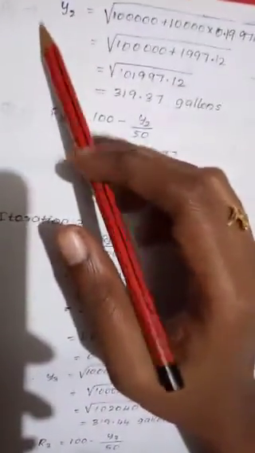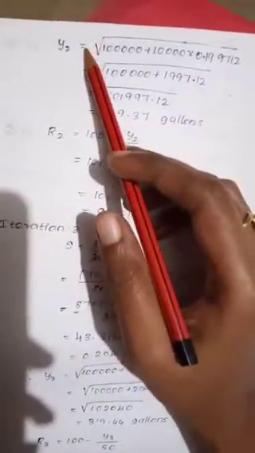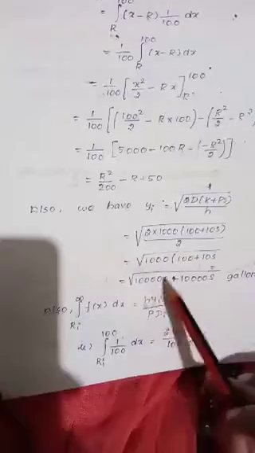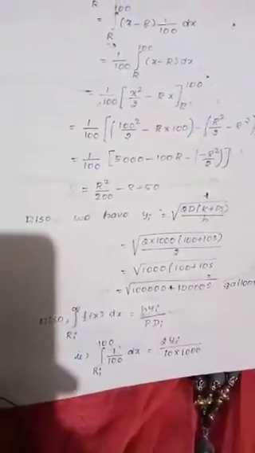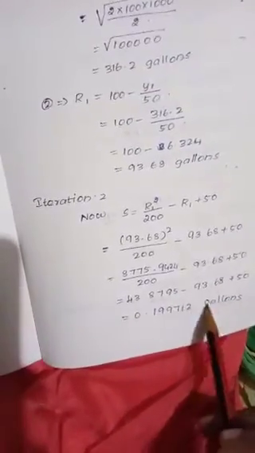Next, equation number a. y2 is equal to, where y_i is there, we put 2. y2 is equal to root of, equation a is this: y_i is equal to root of, and here the value of s we have found in iteration 2 is 0.199712 gallons.